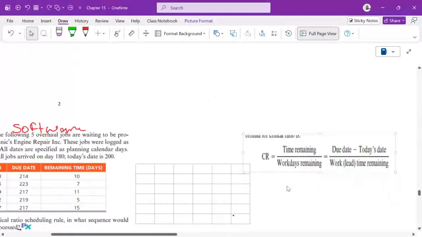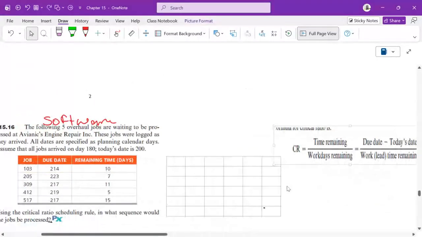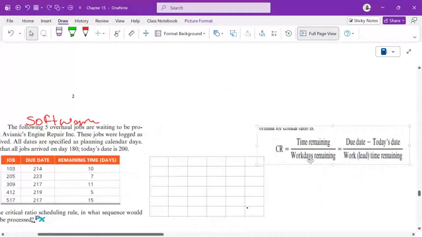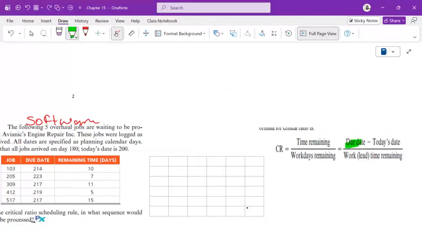So now, because we have that situation here, what is important? The job arrived date and today's date. As you can see, they are only concerned about the due date and today's date. We are concerned about today's date.